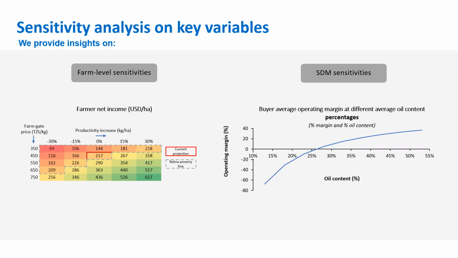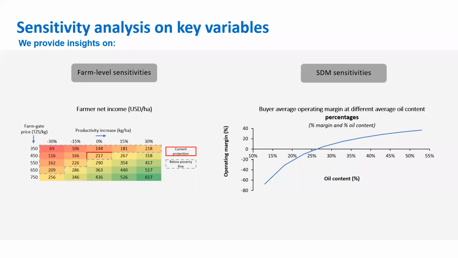On the left-hand side, you can see an example looking at what would happen to the farmer's net income in US dollars per hectare as the price increases or decreases, and as productivity increases or decreases. Similarly, on the right-hand side, you can see an example of a sensitivity analysis we might run at an SDM operator level.